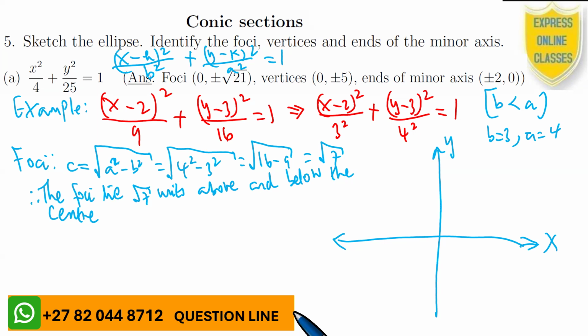Let us see exactly what we can do here. We check what we need to do.